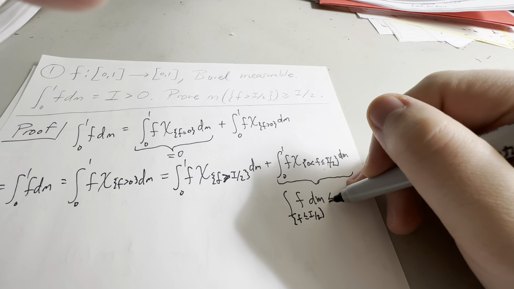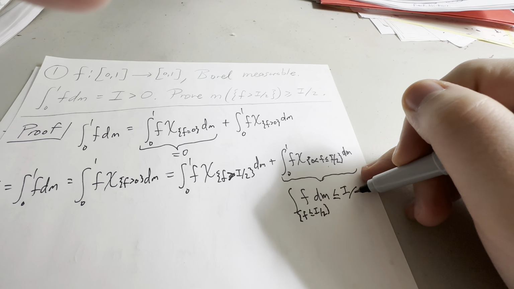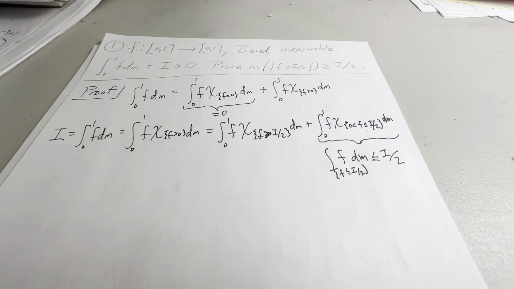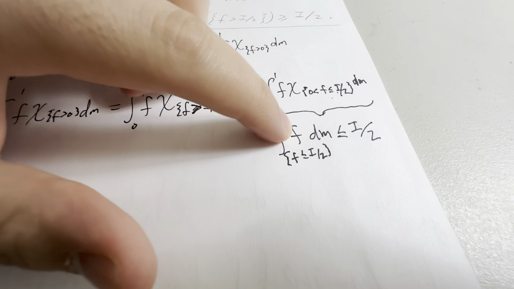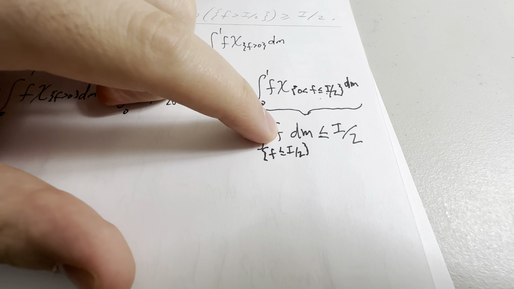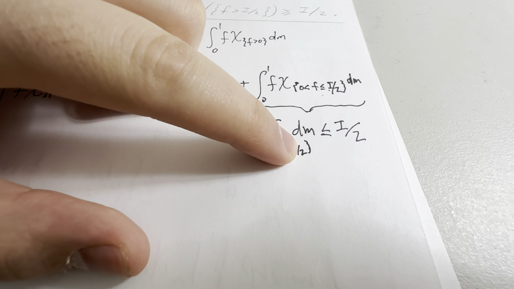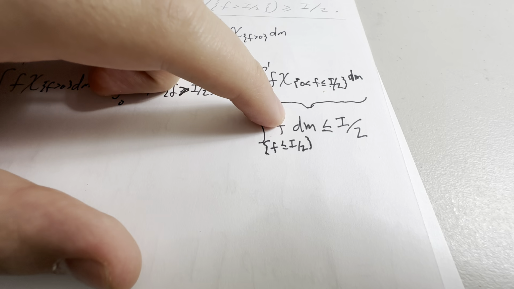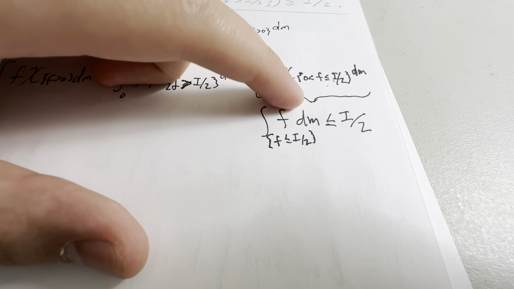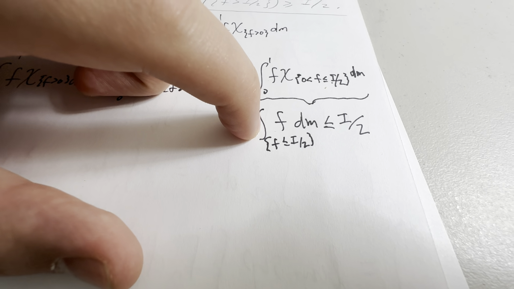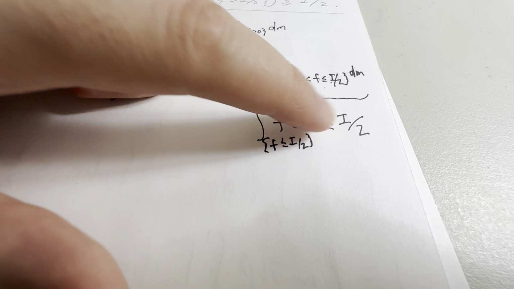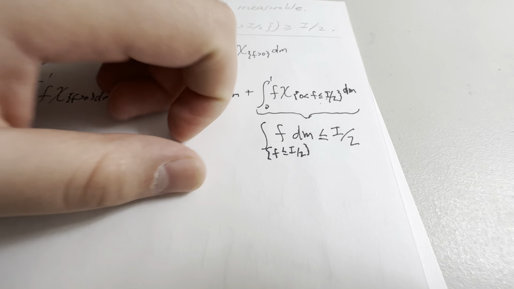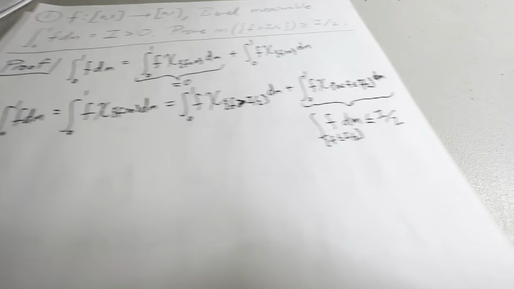This guy is less than or equal to I over 2. How do I know that? Well, I'm just finding an upper bound, so I can replace this f with I over 2 to get the integral of I over 2 dm. But the I over 2 pops out, and then I just get the measure of the unit interval, which is 1. So I over 2 times 1 gives me I over 2. So I have that crude upper bound there.